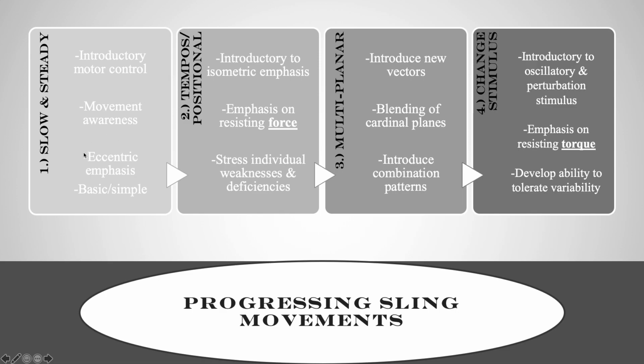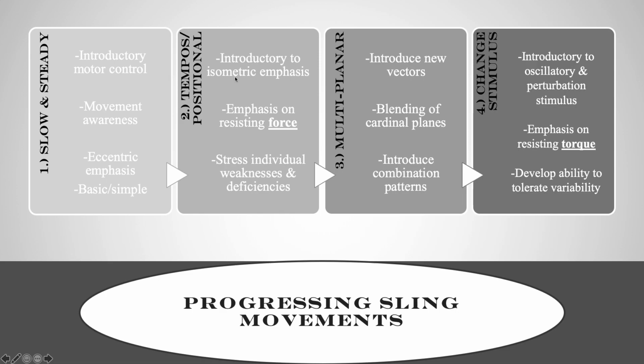This is where I'll do a lot of eccentric work, and really not eccentric work in terms of external overload, but eccentric loading in terms of getting them to really feel the path of motion that they're working through. But when we start out, we still always want to start basic and simple. From there, we're going to look to progress the tempos and the positions.